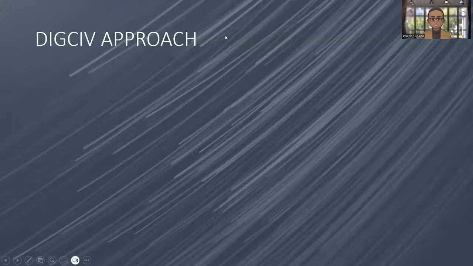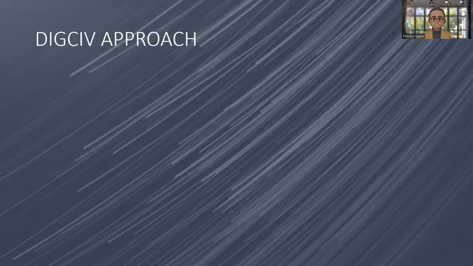DIGCIV. Now, you're used to hearing me talk about this, some of you, with 6 parameters, but I have added some additional parameters to help you. The Dig-Civ approach is an approach that you use to tackle any problem, life problems, team problems, but I have tailored this to help you on your PMP exam.